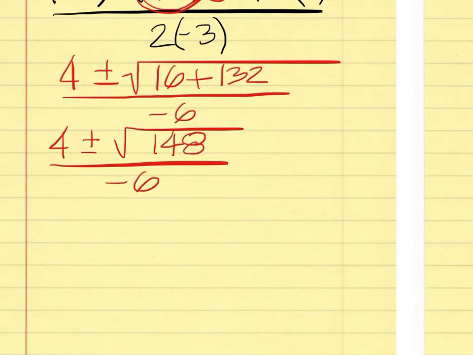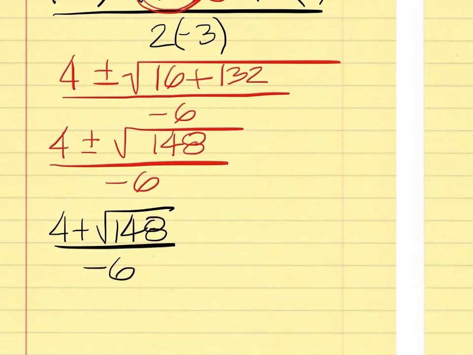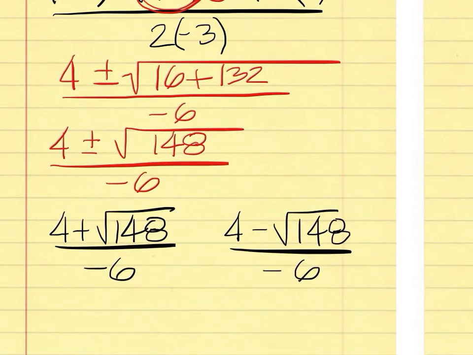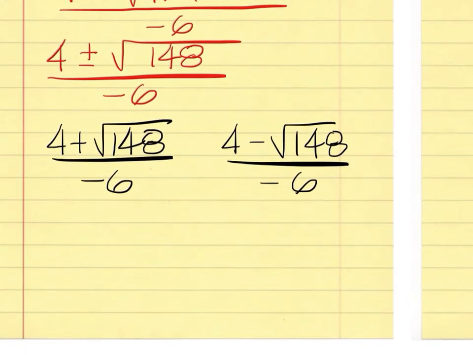So now we have 4 plus the square root of 148 over negative 6, and 4 minus the square root of 148 over negative 6. On the left-hand side, when I do the operation there on that left-hand problem, what is the answer going to be? And this goes to Courtney.